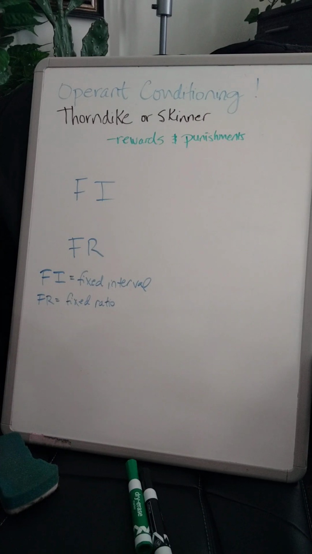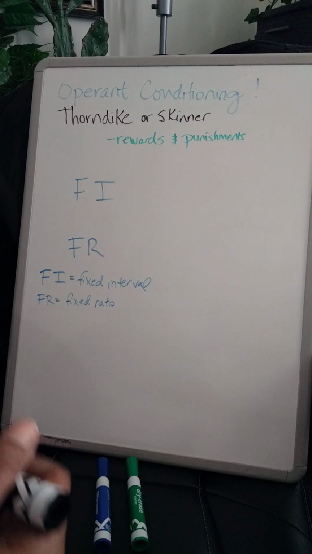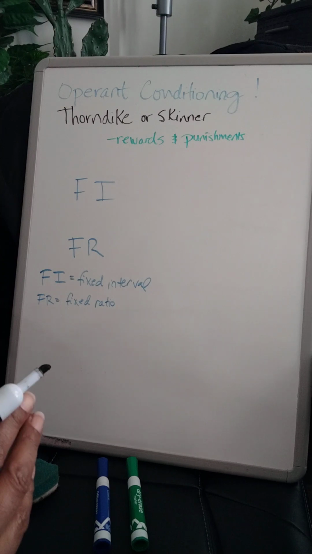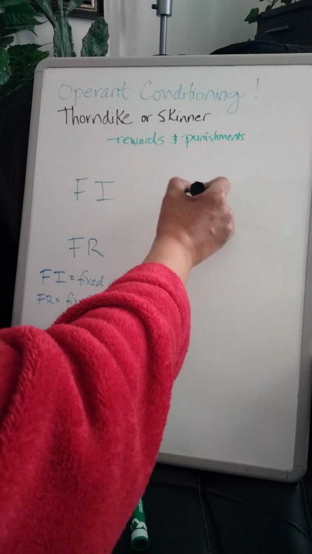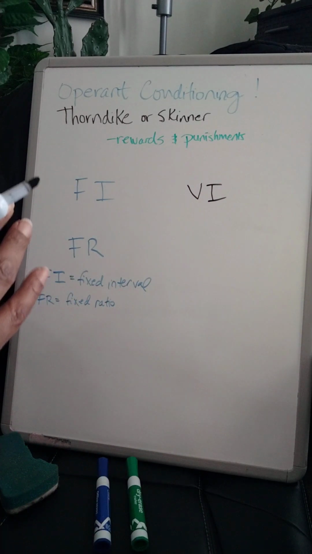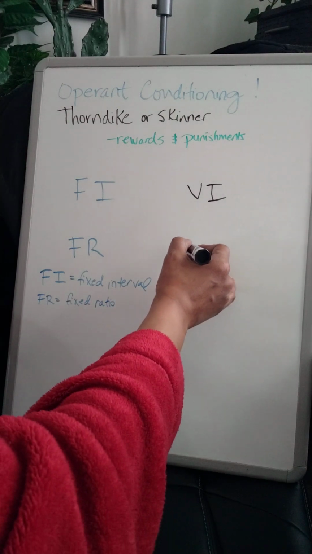On our right side, we're going to write VI and VR. VI will be our variable interval, and underneath our variable interval is our variable ratio.